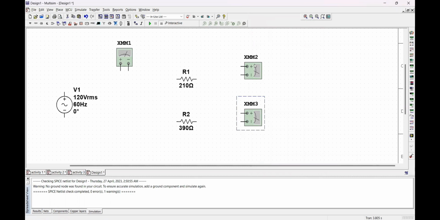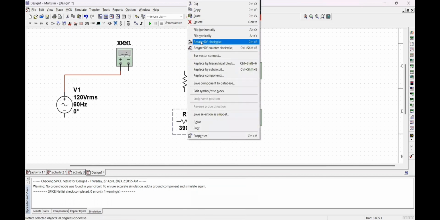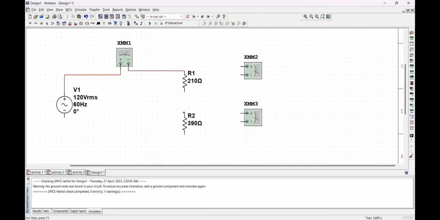We rotate it, and we just connect all of the things. We have to make sure all of them are connected.